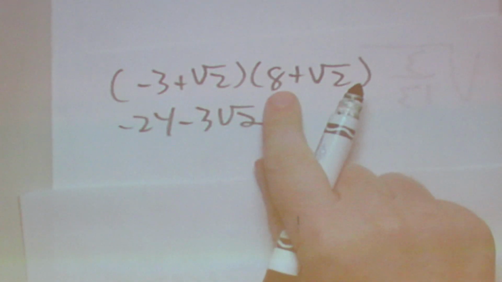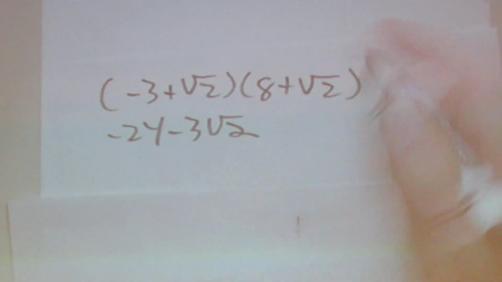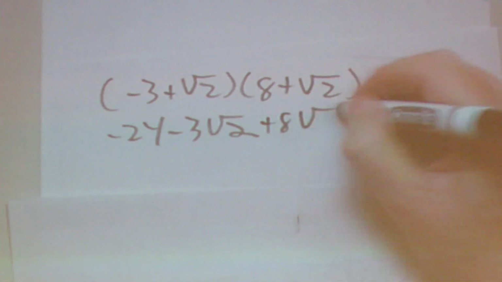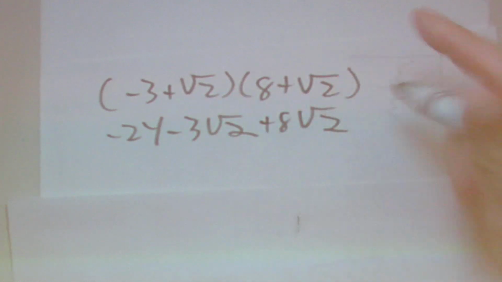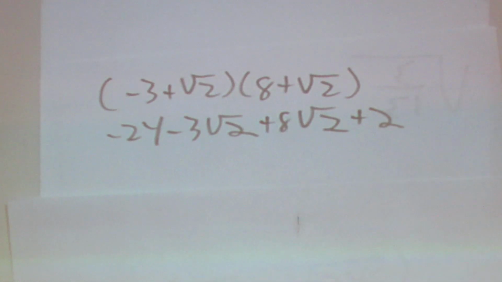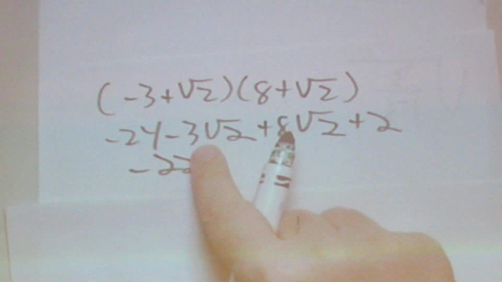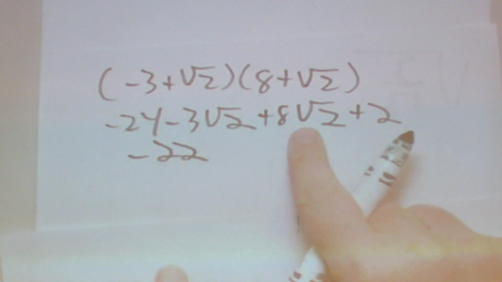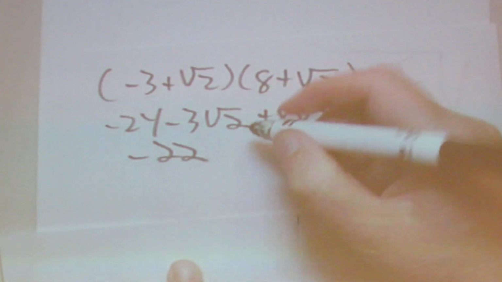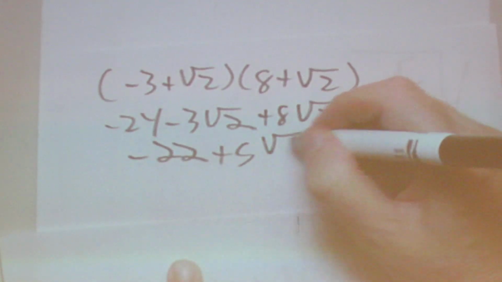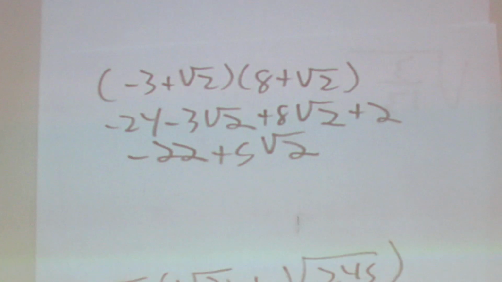Square root of 2 times 8 is plus 8 square root of 2. Square root of 2 times square root of 2 becomes plus 2. Now combine like terms. Negative 24 plus 2 is negative 22. Negative 3 square root of 2 plus 8 square root of 2 is plus 5 square root of 2.